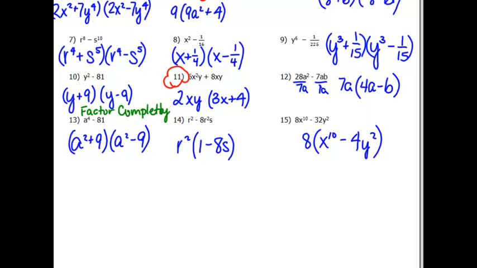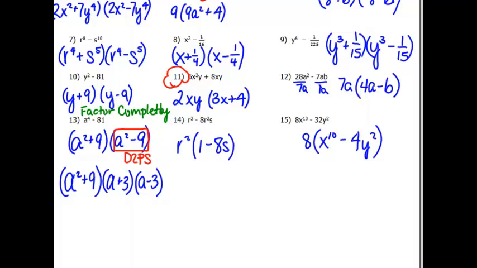That is not factored completely, because this remains a difference of two perfect squares. We're not done. We have to keep going. So when we factor completely, we continue with the item that cannot be factored any longer, and then we add to that anything that can be continued to be factored.